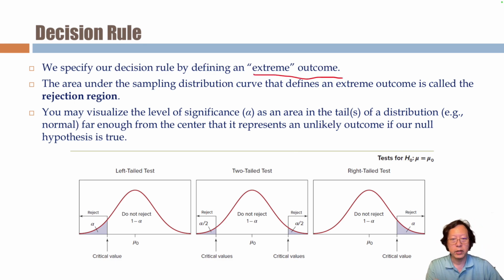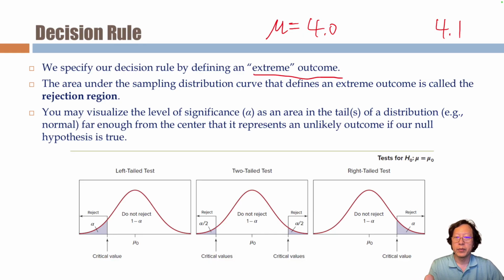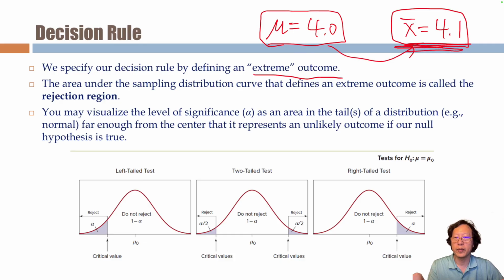The underlying logic is like that. If the radon level is exactly 4.0, so our house's true population average is 4.0, but let's say we got a 4.1. Is it possible that my true population mean is 4.0 and our X bar is 4.1? But what is the probability we can have this number?